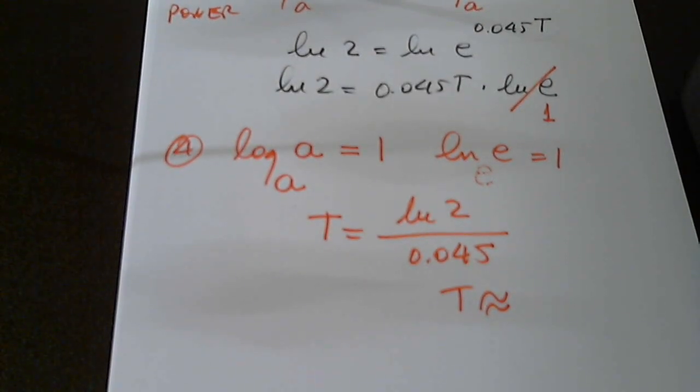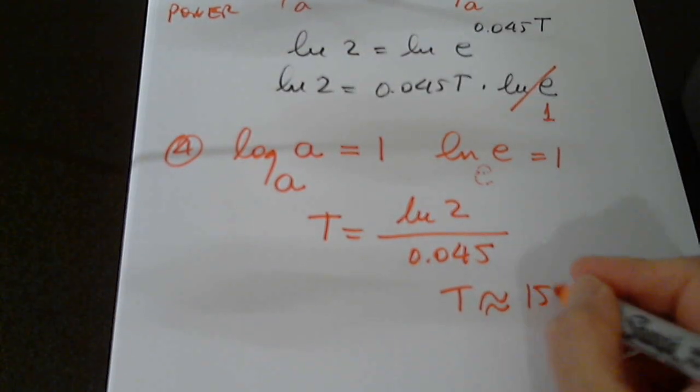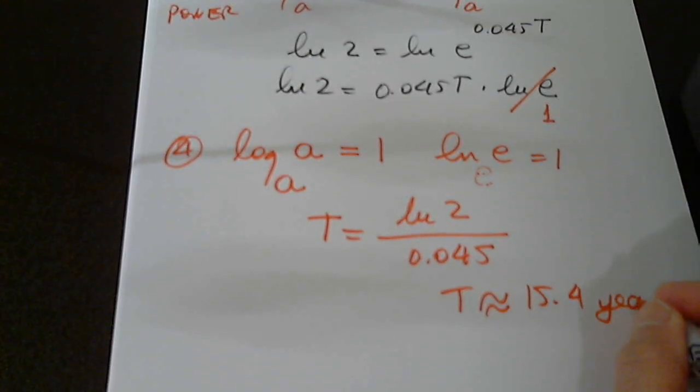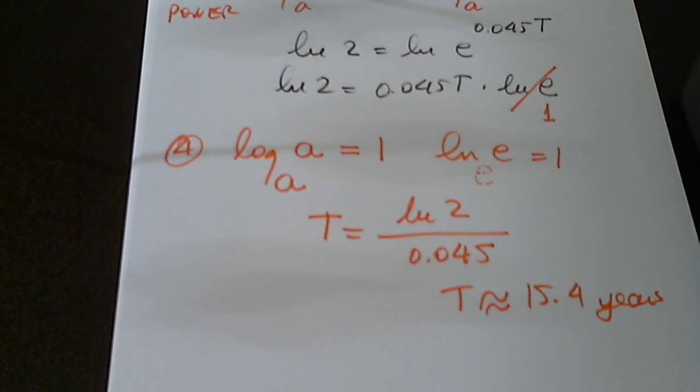I have natural log 2, close the parentheses, divide by 0.045. And for the initial investment of 75,000 to double, we need 15.4 years, roughly. So a little bit more than 15 in order to see this investment doubling.